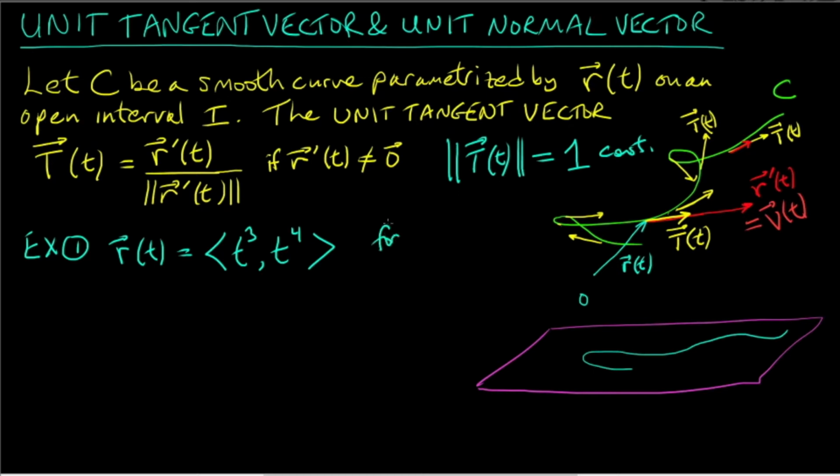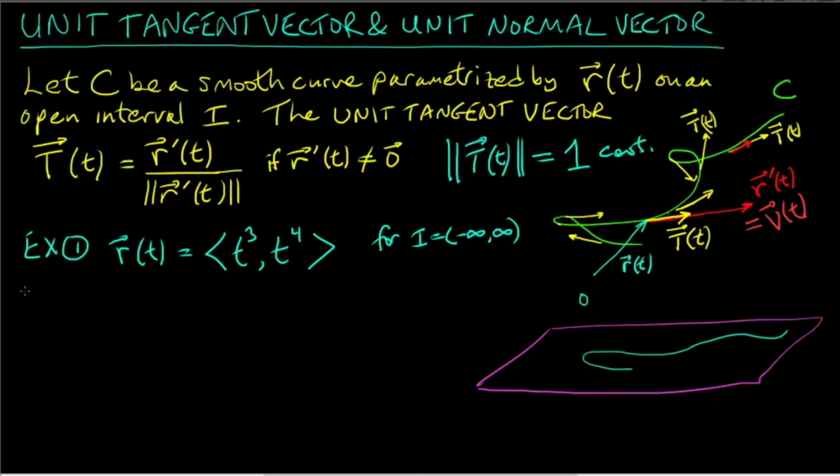So here my open interval could just be all real numbers. That may or may not mean that the curve goes on forever. I think in this case it does, pretty much, but in other cases it could be a finite interval and go on forever, or an infinite interval and not go on forever, but here I think it does.